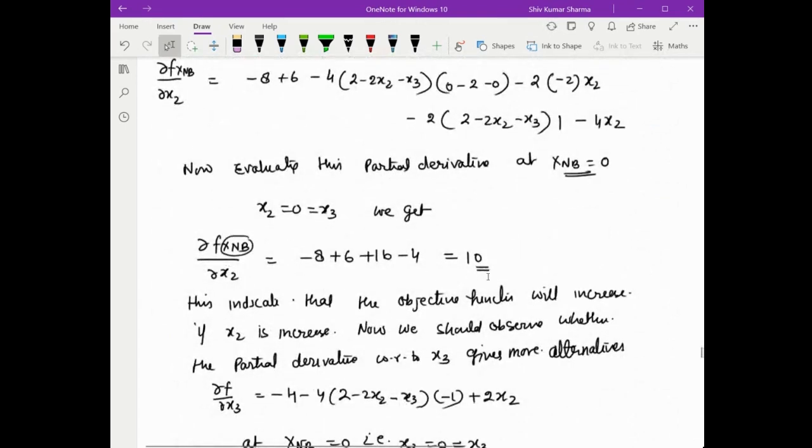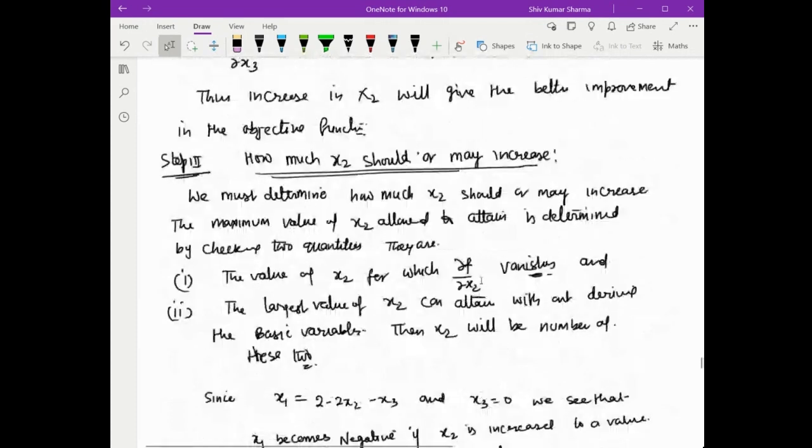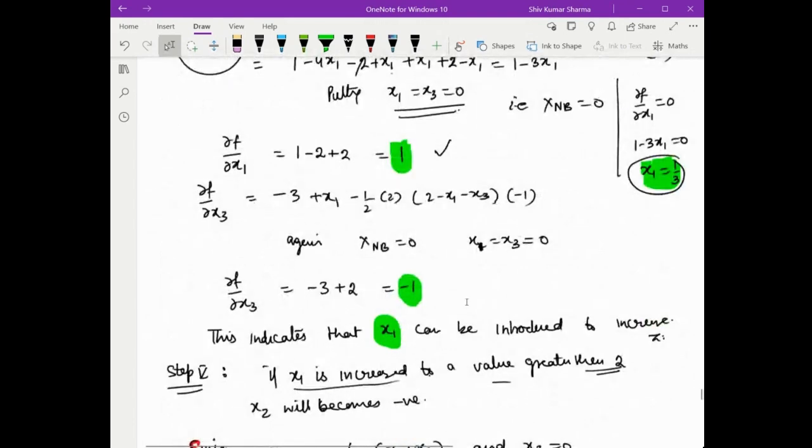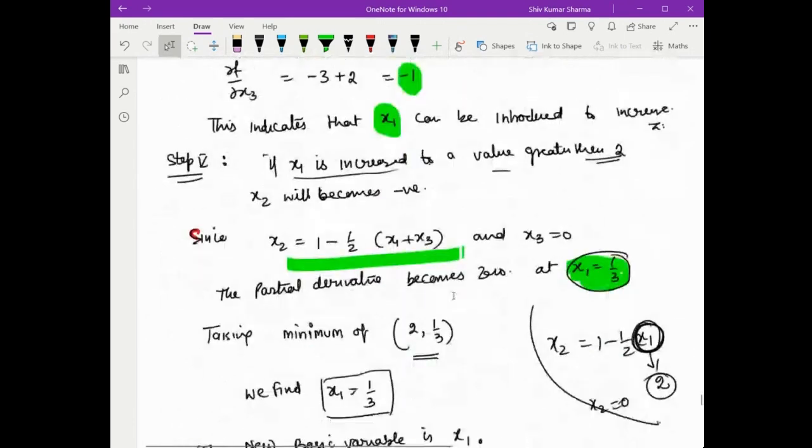We check the value of derivatives. With respect to the non-basic variables, we differentiate the function and see which has the largest value. On the basis of that, we take the basic variable, which is always positive. When we solve this, del f upon del x3 gives a negative value.